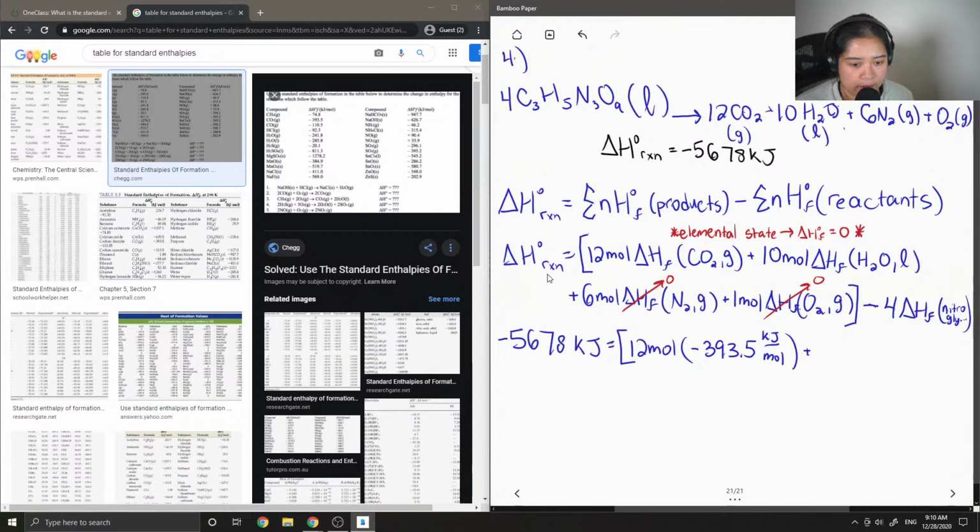And then we're going to add 10 moles times the delta H of formation of liquid water, which is negative 285.8.